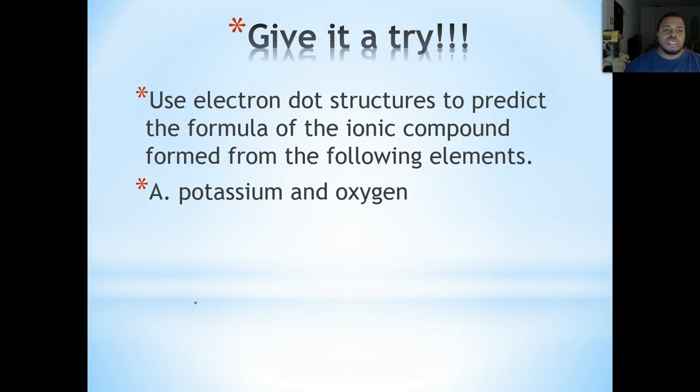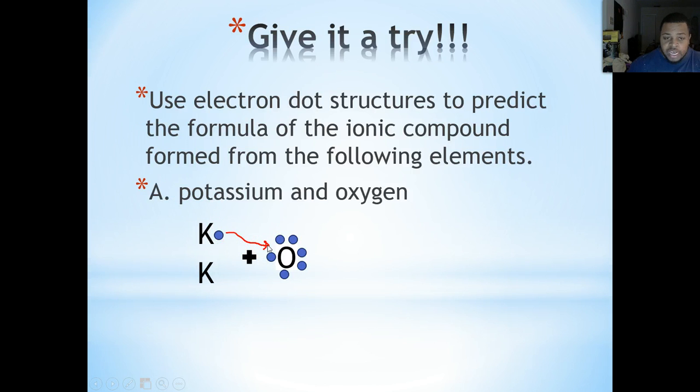Now, if we were to give this example, it says use electron dot structures to predict the formula of the ionic compound of the following elements. Let's take a look. I have potassium and oxygen. Well, potassium, I have 1 valence electron, and oxygen, I have 6. Now, when I put those together, I'm going to find that if I only focus on this one, then I only have 1 to donate, right?